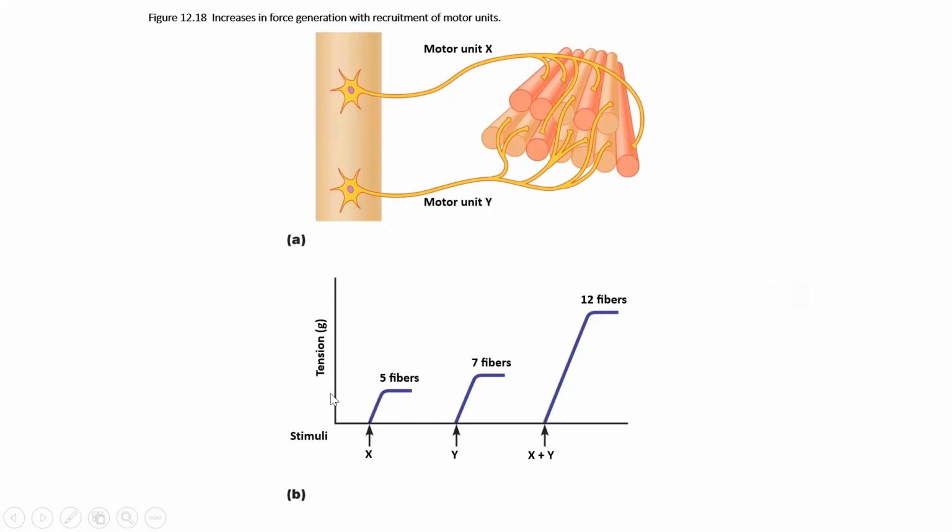If we stimulate motor unit Y alone, we'll generate slightly more tension. But if we recruit both of these motor units together, we're then going to generate a combined amount of force of what each of these units are generating individually. And so that's what recruitment is, calling on more fibers to then generate more force by adding the amount of force that those motor units are producing individually.